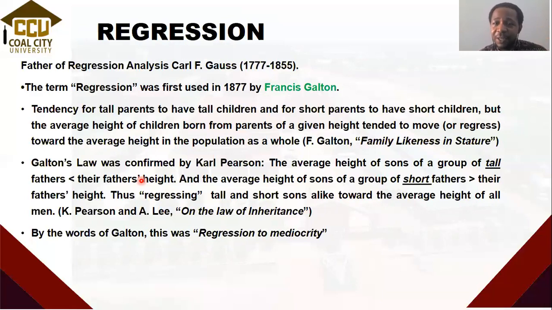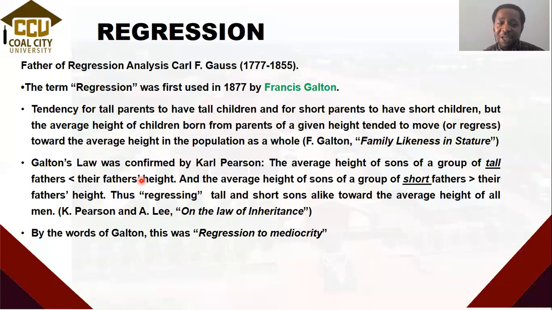Francis Galton, in his study, observed that the average height of sons of tall fathers was lower than the height of their fathers, while the average height of sons from short fathers was higher than the height of their fathers.